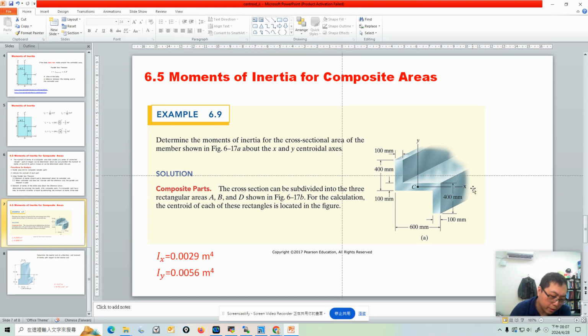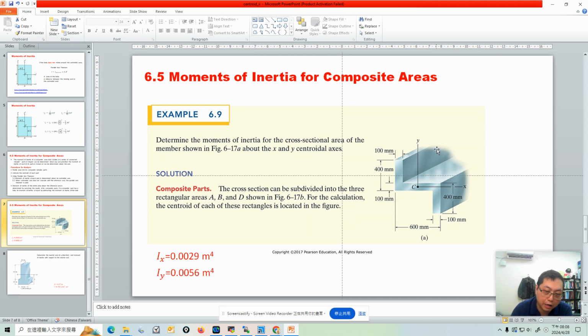As shown in this graph, this X is a centroidal axis and this Y is also a centroidal axis, because the centroid of this shape is right at C. So we set up the coordinates at this point C. This is centroidal axis X, and this is centroidal axis Y. In this problem you don't have to calculate the centroid at the very beginning.